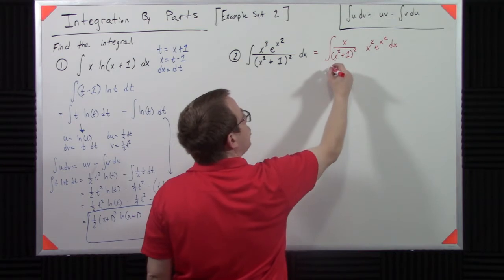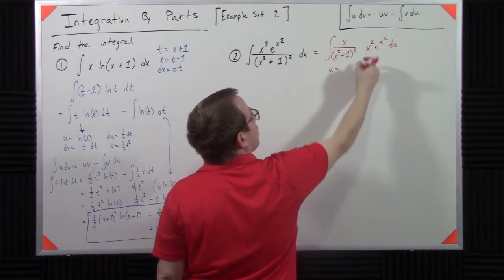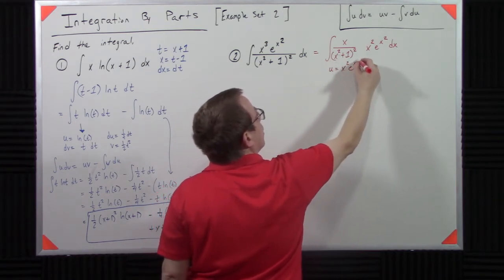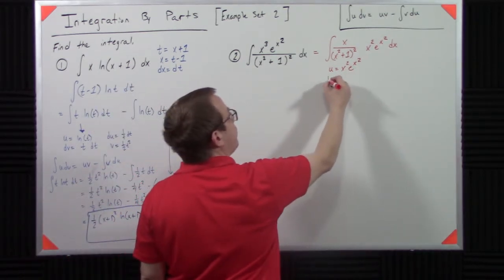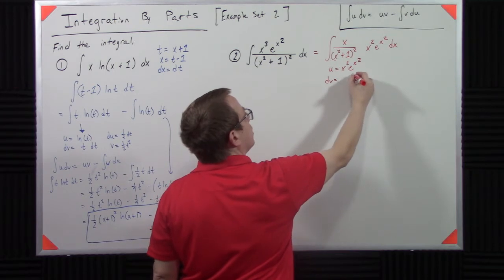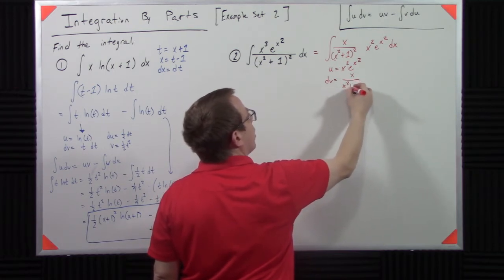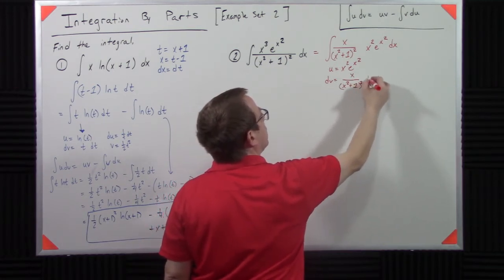So I say, all right, u is going to be the thing I can't take the antiderivative of very easily. And dv is x over x squared plus 1 squared dx.